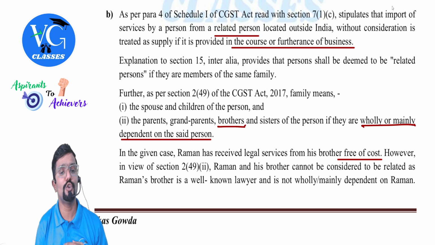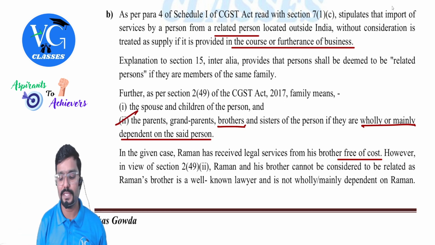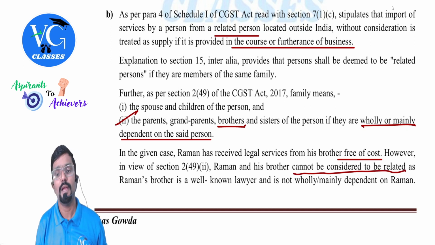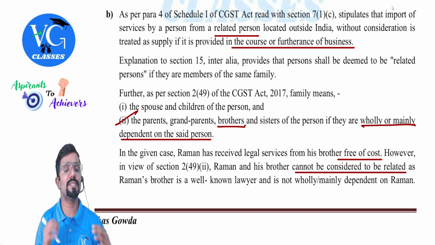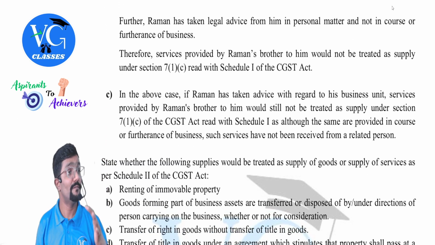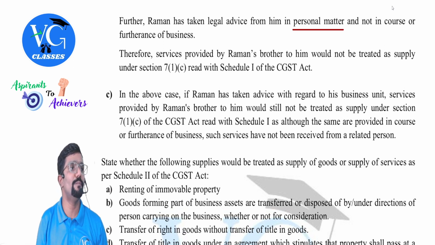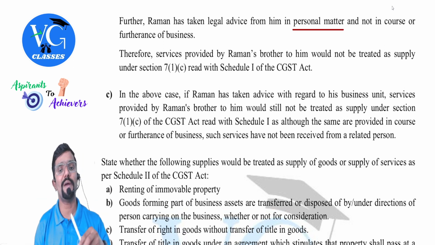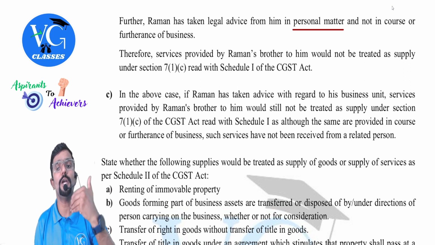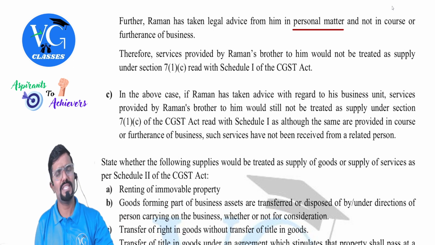However, in view of section 249(2), Raman and his brother cannot be considered as related, as Raman's brother is a well-known lawyer and is not wholly or mainly dependent on Raman. Further, one more reason is there. Raman has taken legal advice from him for a personal matter and not in the course or furtherance of business. Therefore, services provided by Raman's brother to him would not be treated as supply under section 7.1c read with Schedule 1.